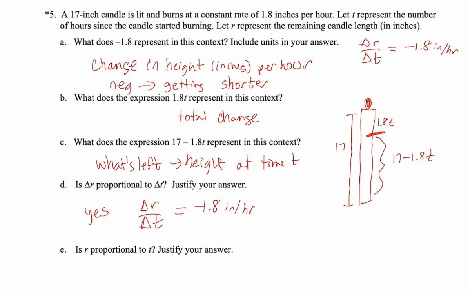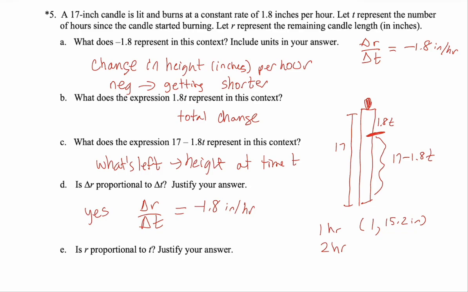Well, in that particular case, let's say we've gone 1 hour. I was 17 inches. I've gone down by 1.8. So at 1 hour, I am now at 15.2 inches.